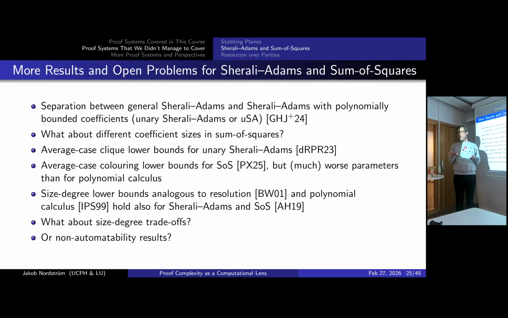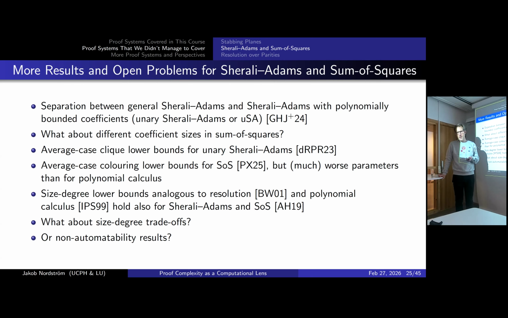Very interestingly, you can look at cutting planes, stabbing planes, Sherali-Adams, Nullstellensatz over the reals, and you can ask, how much do I care about the size of the coefficients? And does that change the power of the proof system? Most of the time, we don't know. We talked about cutting planes, we really don't know. The only thing we can get are some trade-offs that hold in one setting but not the other.